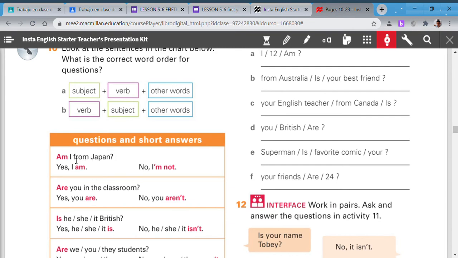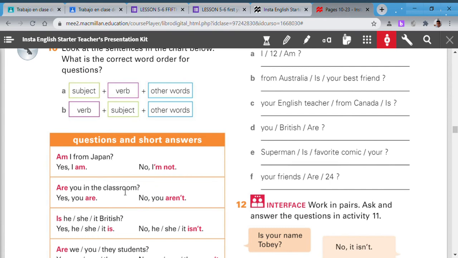So what do you have to do? Change the pronoun and the verb be. I am from Japan. Am I from Japan? And you have two choices. Yes, I am, or no, I'm not. So you decide which one you're going to take. If that is affirmative, yes, I am. If that is negative, no, I'm not.